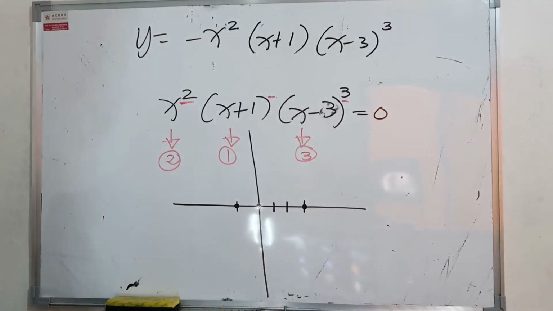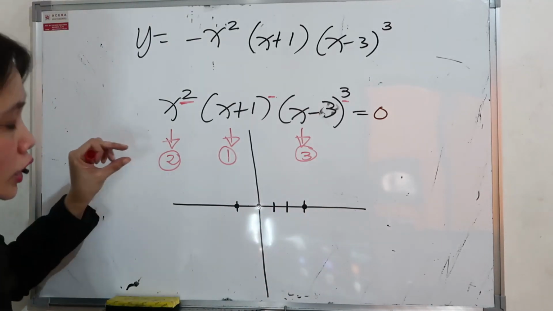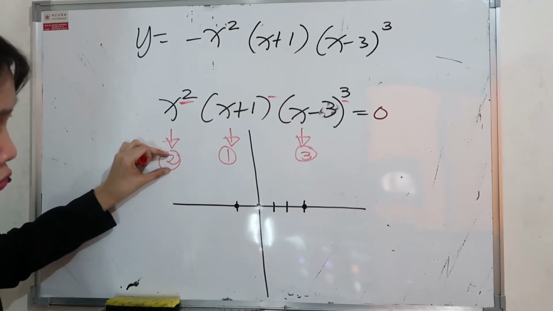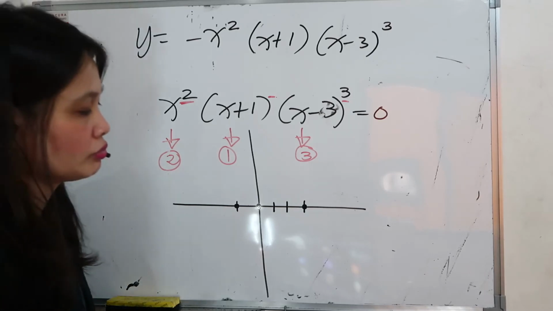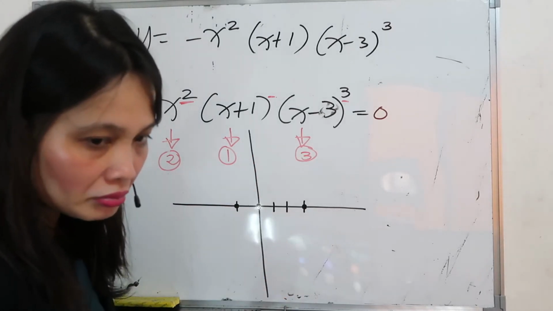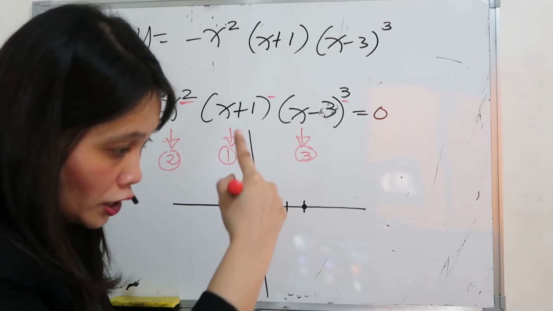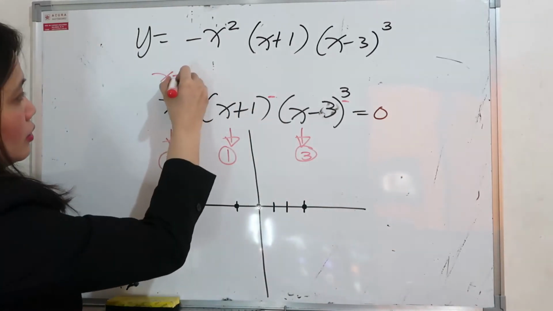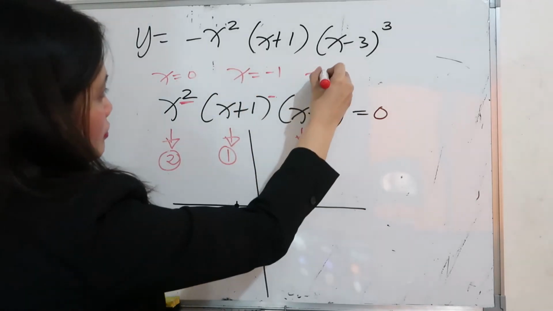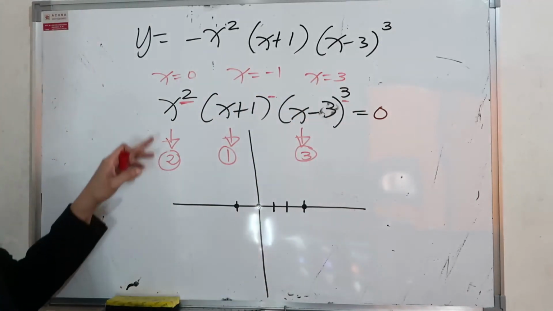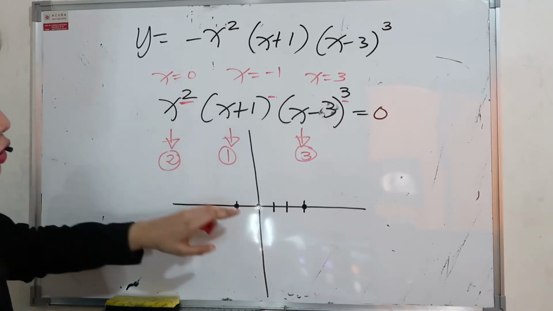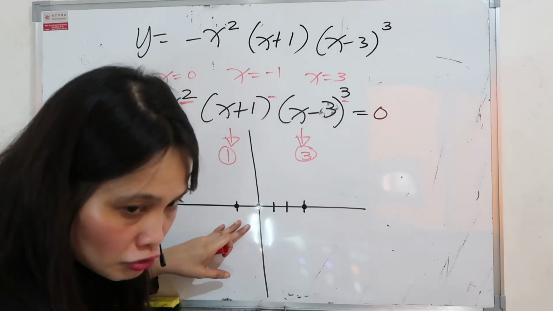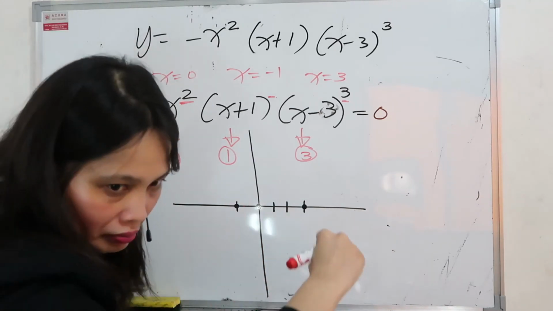Now, let's proceed. If the multiplicity is 2, is it straight, or does it cross the point, or bounce at the point? This one, its x is 0. Does it bounce, cross, or curve along the point?